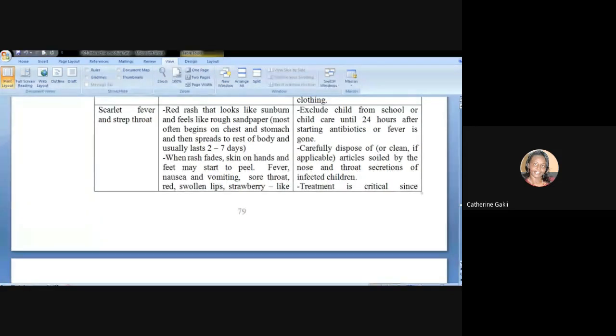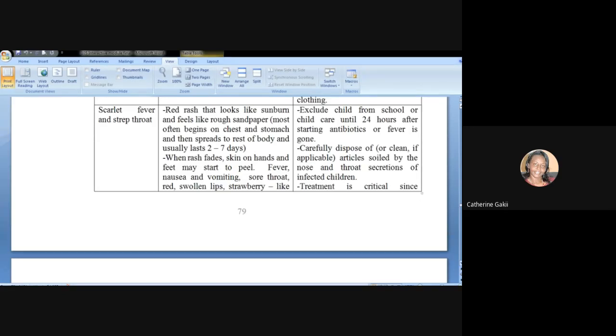And when this rash occurs, it can last for a minimum of 2 days or for a maximum of 7 days before it goes away.